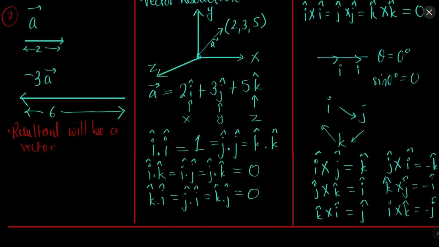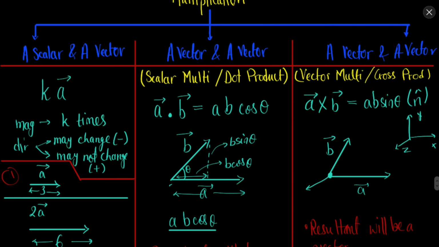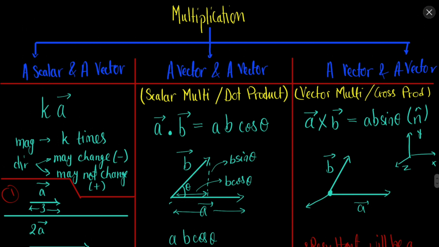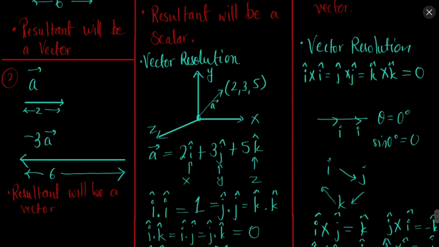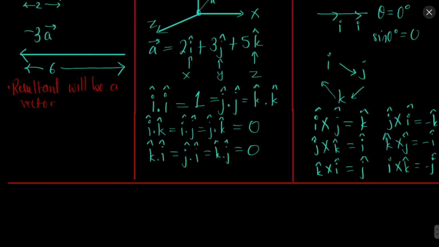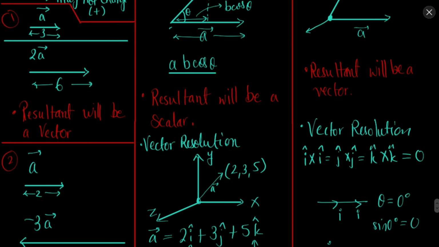It is not important in scalar multiplication. So this is a short summary of how to multiply vectors. Obviously this is quite brief, but you will understand this in detail in your other classes. For now just keep this in mind.